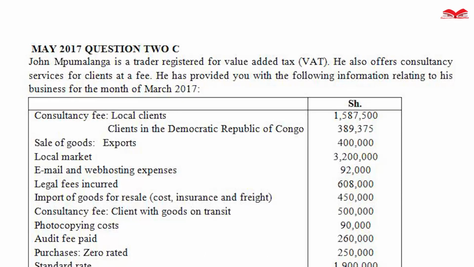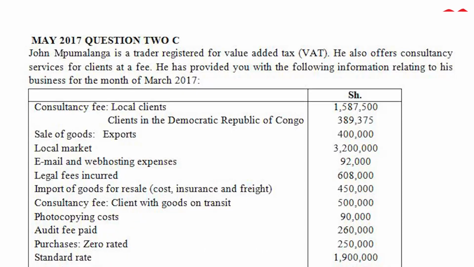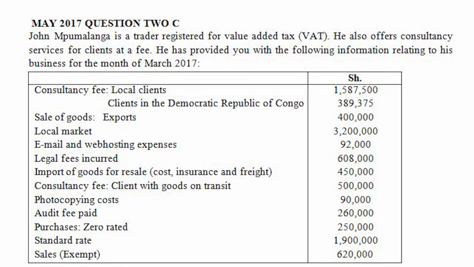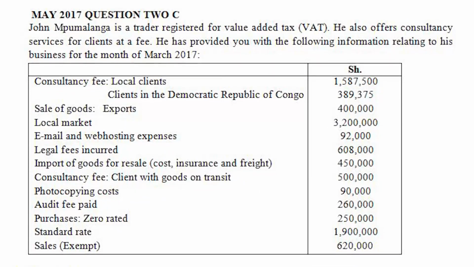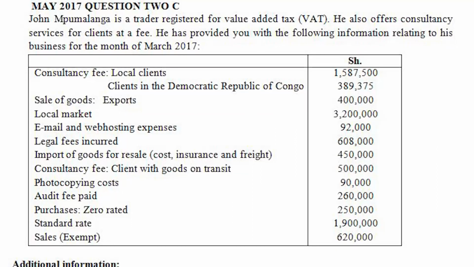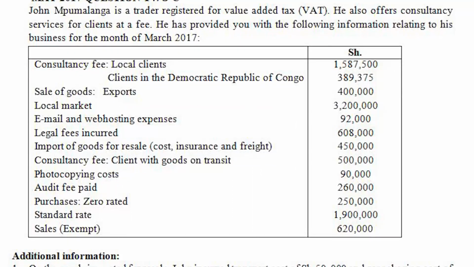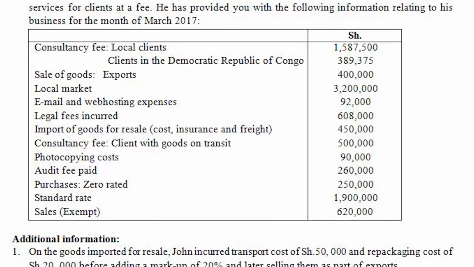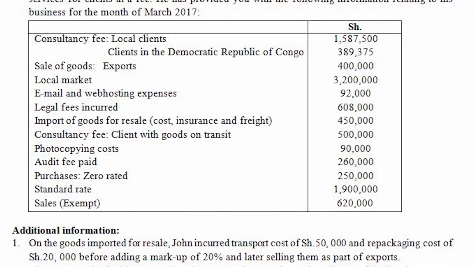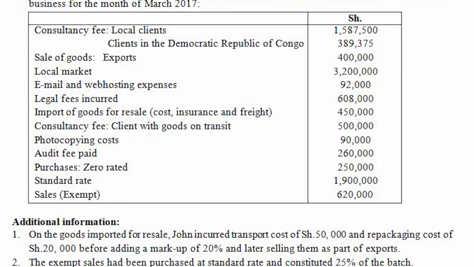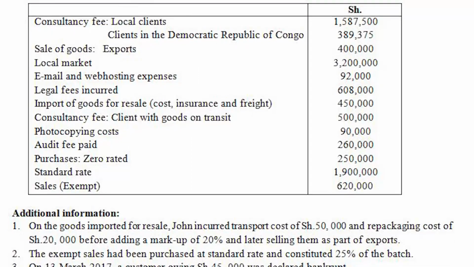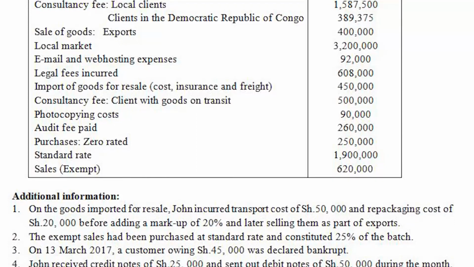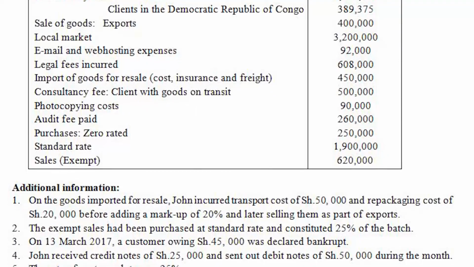Import of goods for resale, CIF, cost, insurance and freight, 450,000. Consultancy fee for clients with goods on transit, 500,000. Photocopying costs, 90,000. Audit fee paid, 260,000. Purchases of zero-rated goods, 250,000. Purchase of standard-rated goods, 1.9 million. And exempt sales of 620,000.